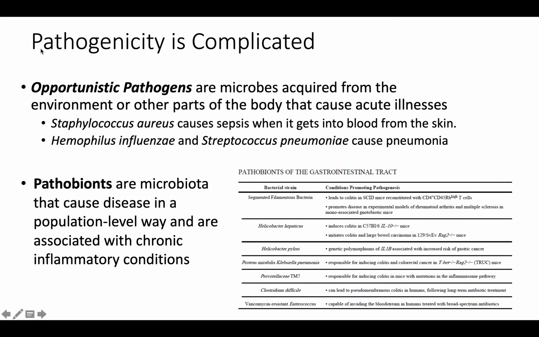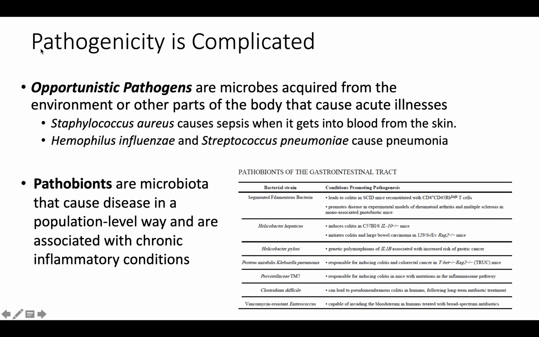Now it gets a little complicated. There's a little more to this story. So we do have pathogens that are called opportunistic. Okay, opportunistic. Now these are microbes that are usually present in the environment, or for us, they are present on other parts of our body, and they normally do not cause any problems or any acute illnesses.